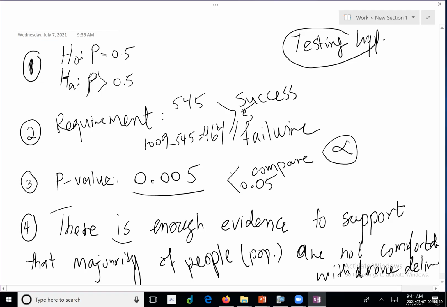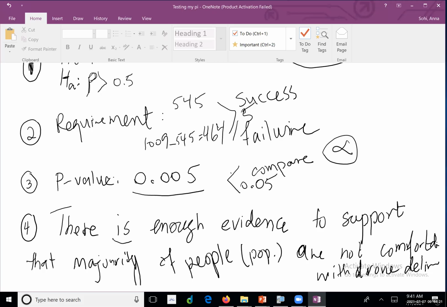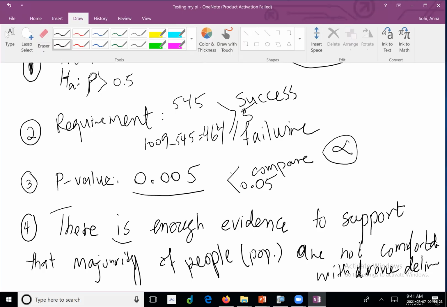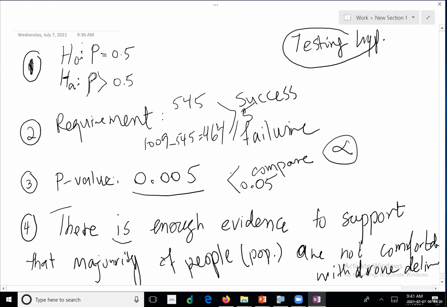So there is or there is not, depending on whether the p-value is small or large. When it's small, in this case, you would say there is enough evidence to support the majority of, and then whatever the claim is.